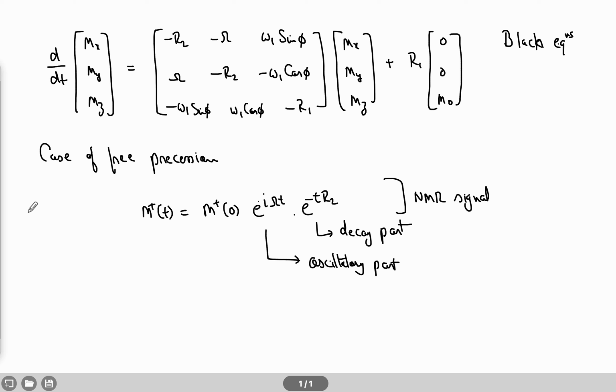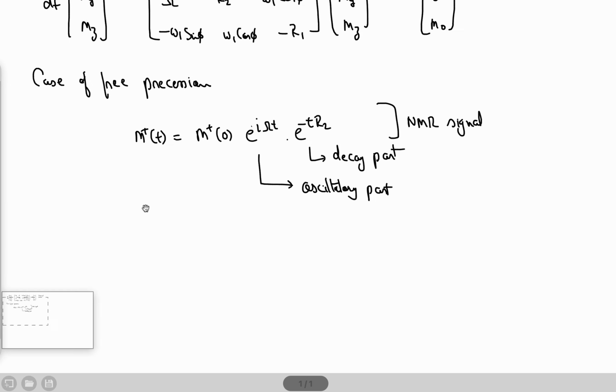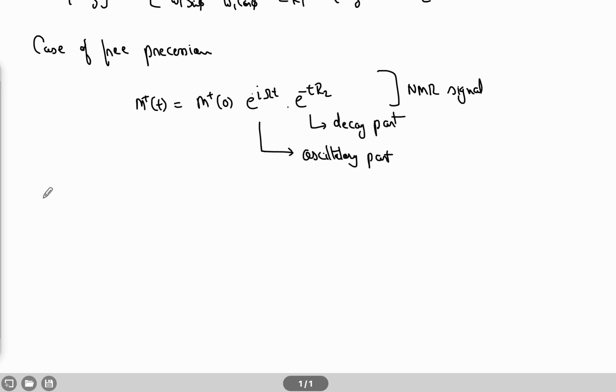So now let us look at the effect of the radio frequency pulse on the magnetization. So what happens to magnetization? How does magnetization evolve when you apply an RF field? During the RF field, relaxation effects can be ignored as they are too small compared to the duration of the pulse.